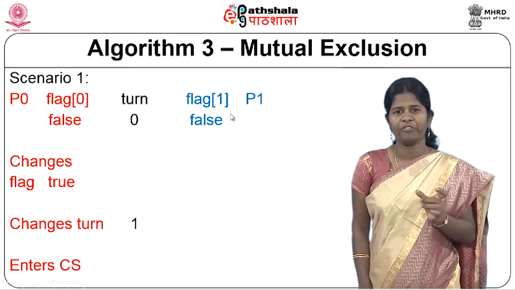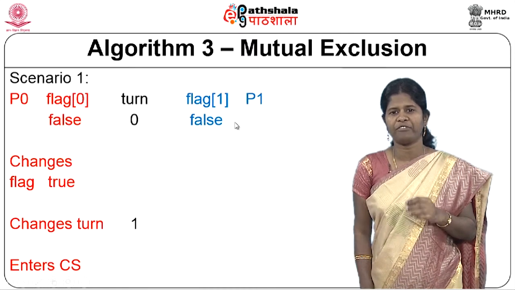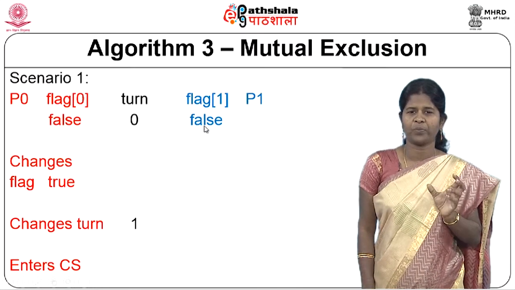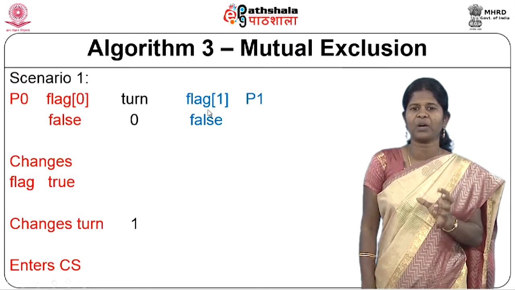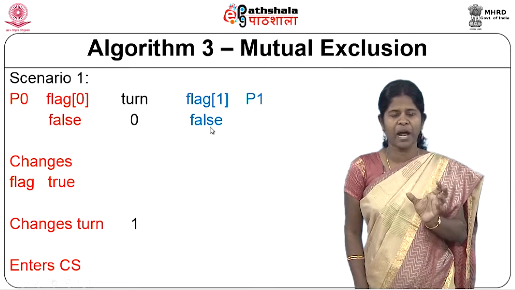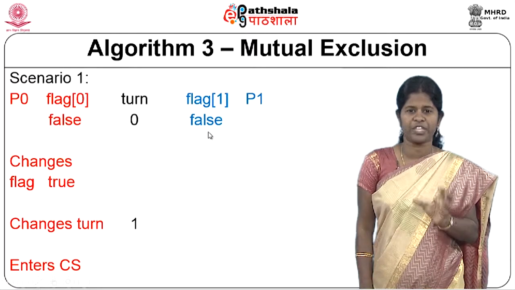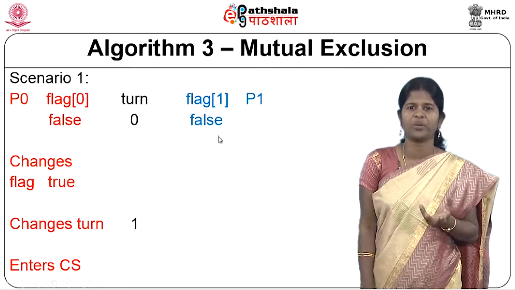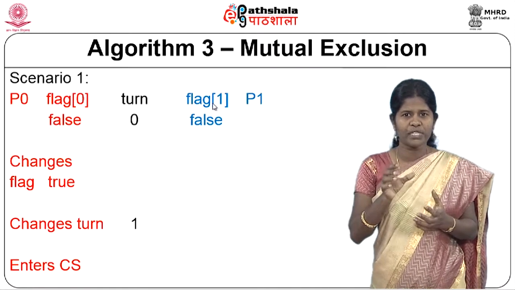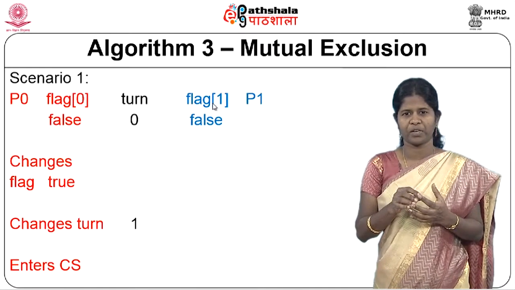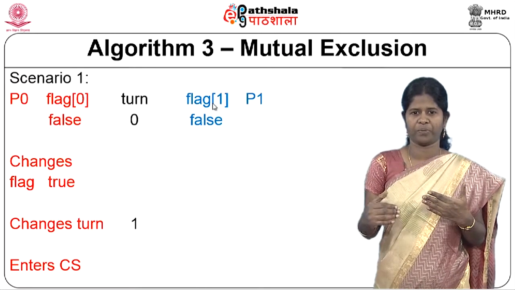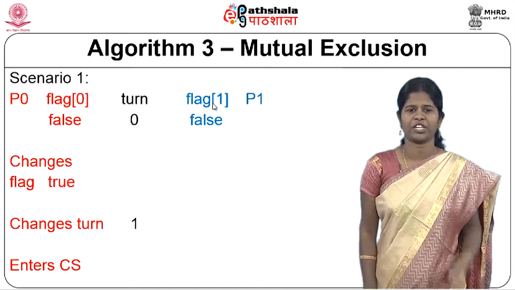But now the flag of the other process, flag of P1, is false. So the first part of that while condition, flag of j being true, is not true now. So the condition within the while loop becomes false, it comes out of the while loop, and next it can enter the critical section.